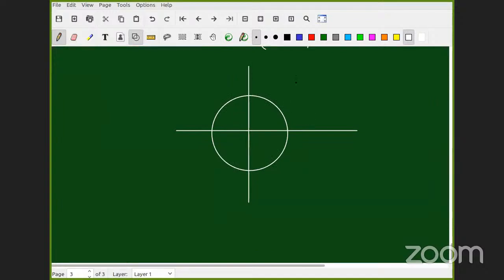So this is my set. What is this set? The set of points lying on the circle, not the disk. I'll call it C1, the circle with radius 1. Can this set C1 be written in the form A cross B?